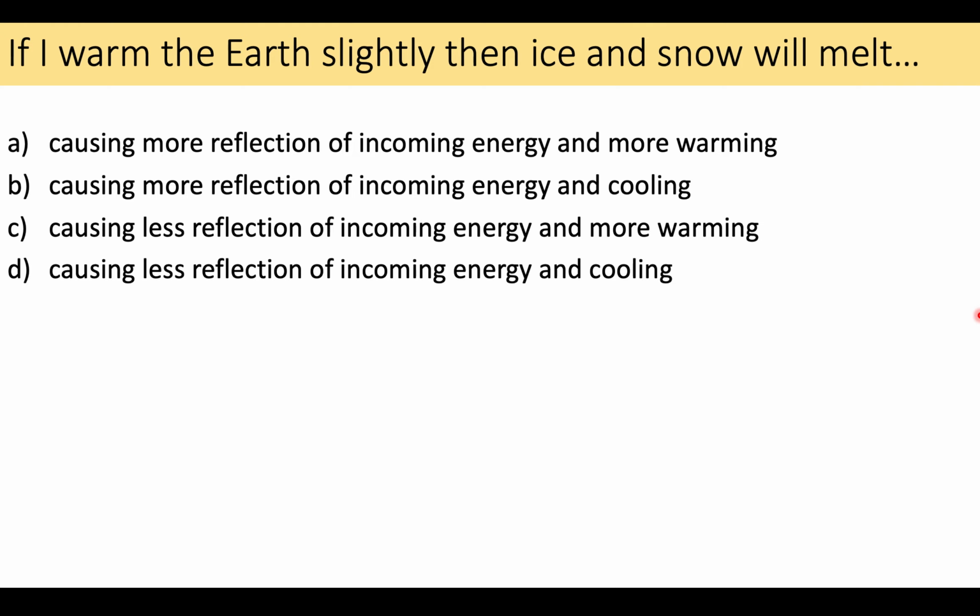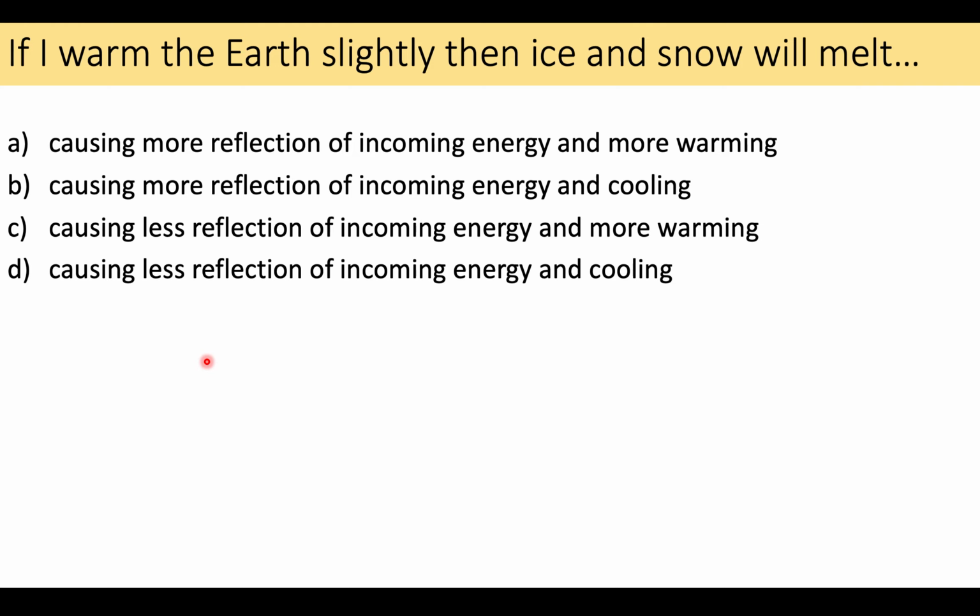So if we remove ice and snow, remove that really bright surface, we are going to cause there to be less reflection of light. Less bright surface means less light will be reflected. So less of the incoming energy is going to be reflected, which means that there will be more warming.